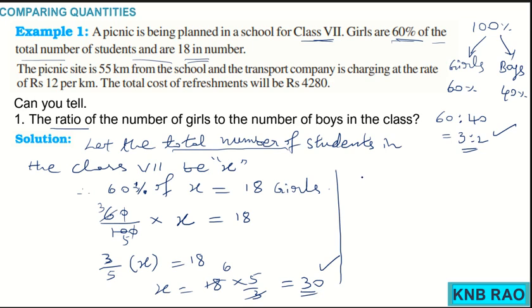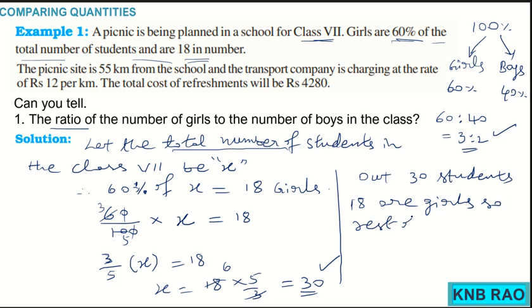Now, out of 30 students, 18 are girls, so the rest of the number of students, that is 12, are boys.